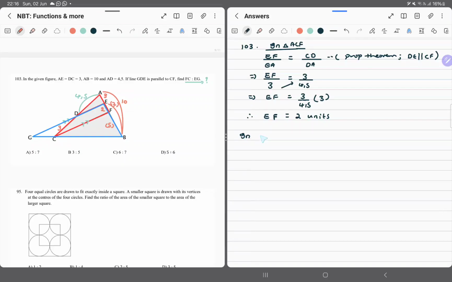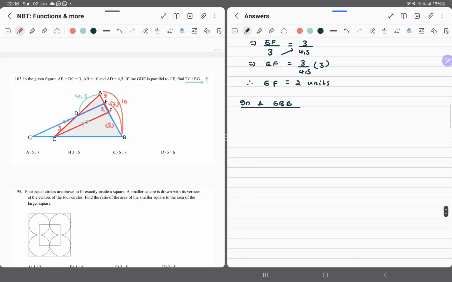We can say now in triangle EBG or GEB, we can set up the proportionality theorem there. So what do we know, guys?